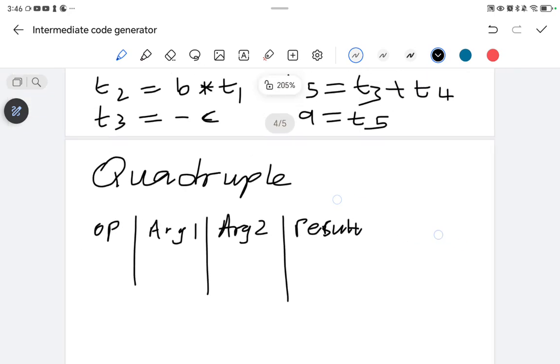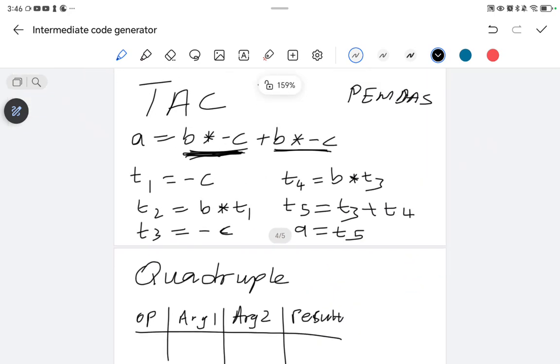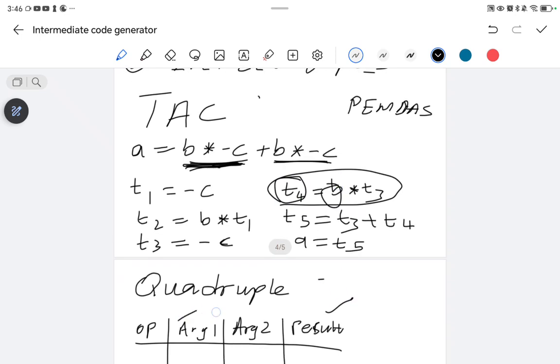The reason why I'm having this, guys, is because if I look at one expression, for example, this is the result. The left operand is argument 1, the right operand is argument 2, then there is an operator. So that's why we're going to have this for a quad.